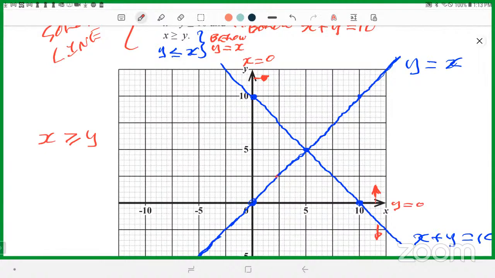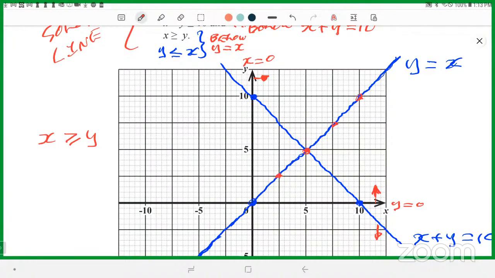So for points on this line, the X value is equal to the Y value. At this point, X and Y are equal on this line. If you come to the right of that point, the X value becomes greater than the Y value. Let's use this point as a reference point.